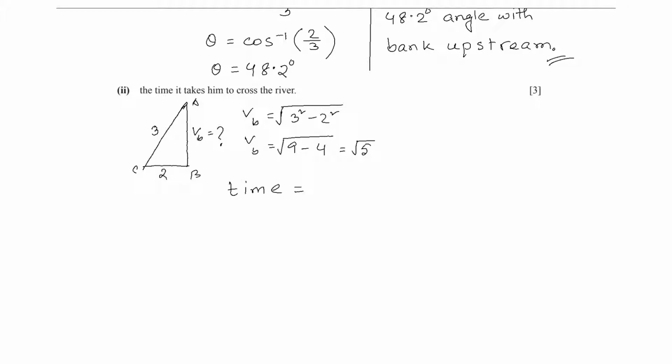Now the time will be equal to the distance of AB, that is 80 meter, divided by the speed, which is square root of 5, which is equal to 16 times square root 5, which is equal to 35.8 second. So we have completed the solution of this problem. Now let's move on to the next question.